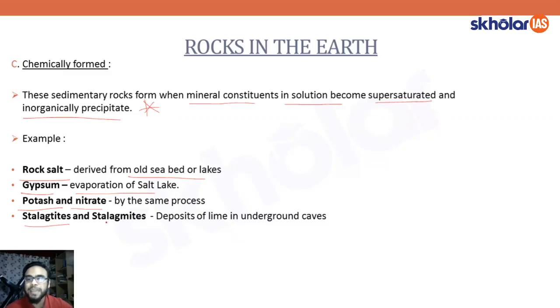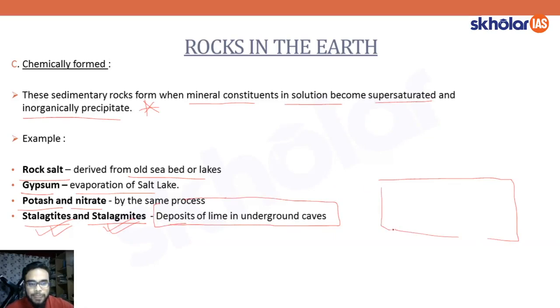Then we have stalactites and stalagmites. Now you see these terms, stalactites and stalagmites. What are these? So these are nothing but deposits of lime which are found in underground caves. Now suppose this is a cave here. Inside this cave we get different structures like this.